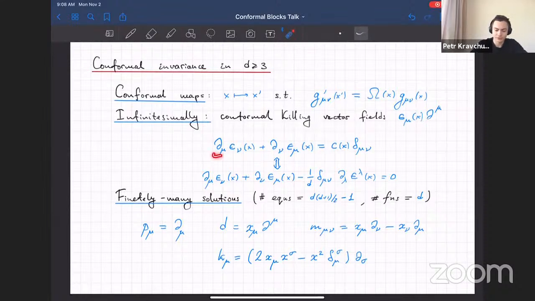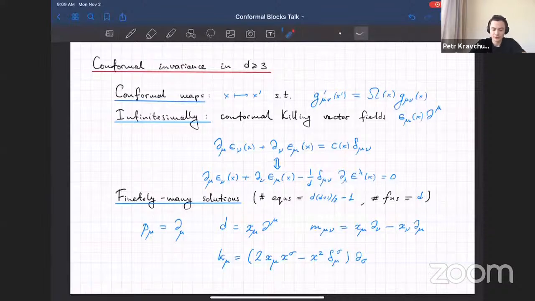Now, the left side of this equation just contains the variation of the metric under the infinitesimal transformation, and what we're saying is that the variation of the metric should be proportional to the metric itself. Here I'm working in flat space with some proportionality coefficient, and we can remove this coefficient by subtracting the trace, so that we get an equation just in terms of epsilon. Famously in 2 dimensions, this equation has infinitely many solutions, but in higher dimensions, there are finitely many solutions.